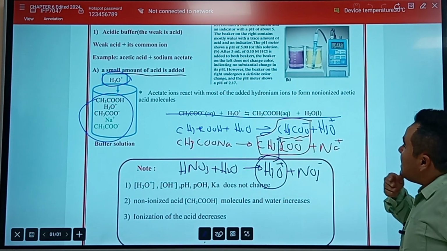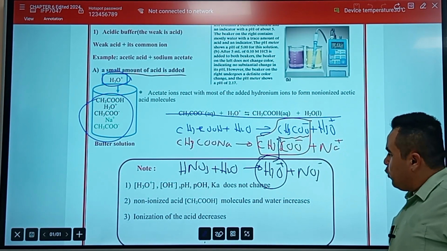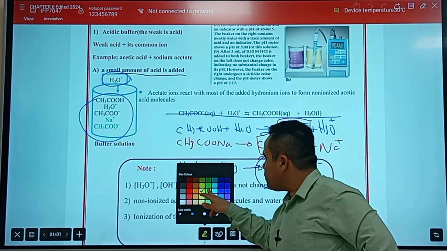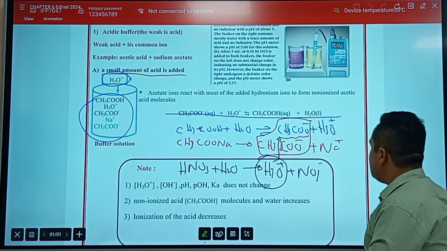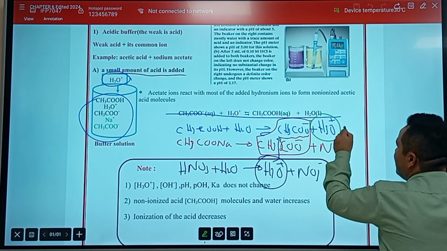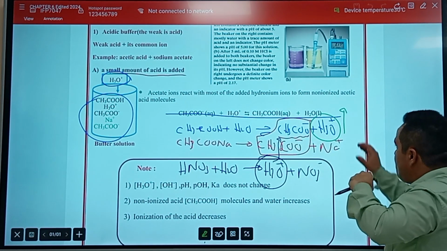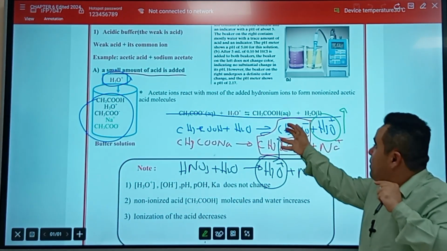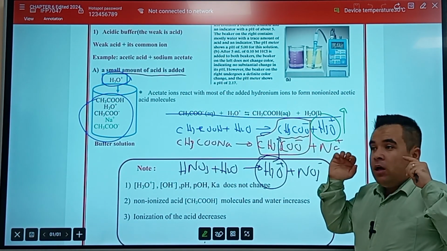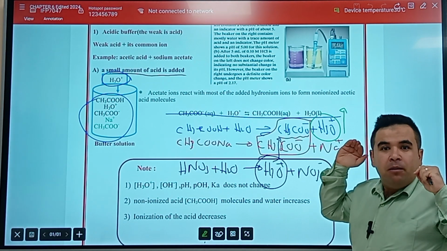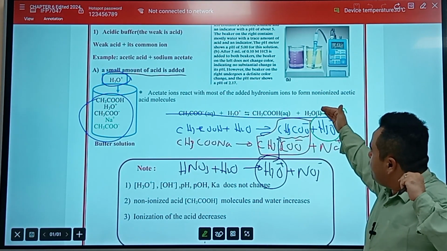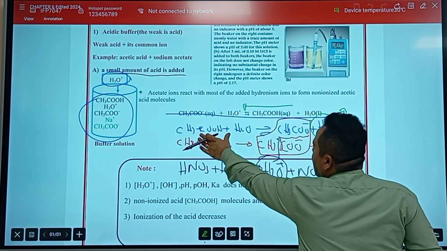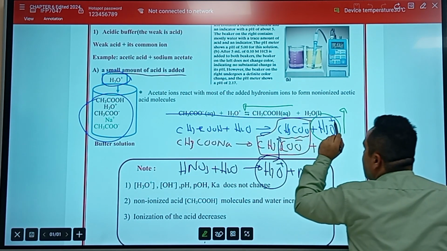Guys, as hydronium increases in the above equation, what will happen? What will happen to the concentration of hydronium here? It increases the concentration of hydronium somewhat, but this is a buffer solution. The equilibrium direction shifts toward the left side, which is the reactant side.